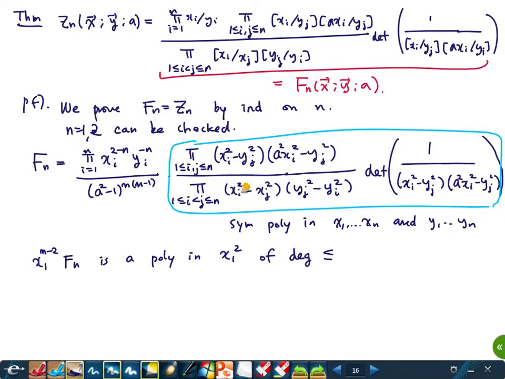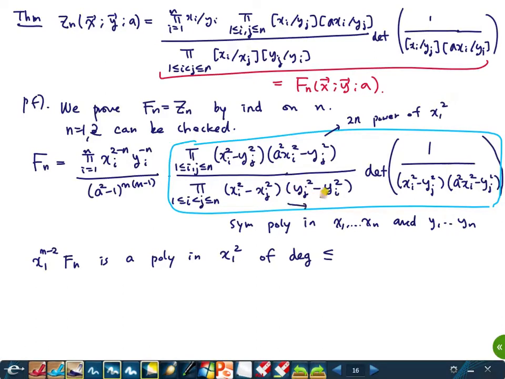For i equals 1, we have a linear factor in x1 squared, and there are n minus 1 of them. Here, how many x1s do we have? With i equals 1 and j anything from 1 to n, they are different, so here we have a 2n power of x1 squared.